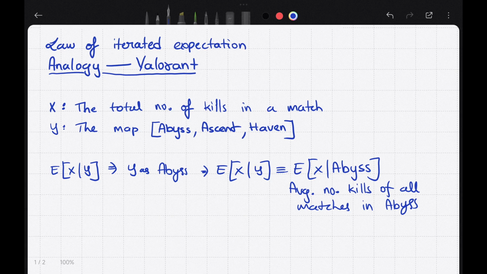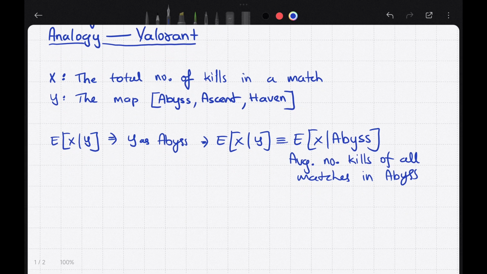So similarly, if you take Y as Ascent, if you take Y as Haven, that will give you the average number of kills that you get in Ascent, and the average number of kills that you get in Haven, right?